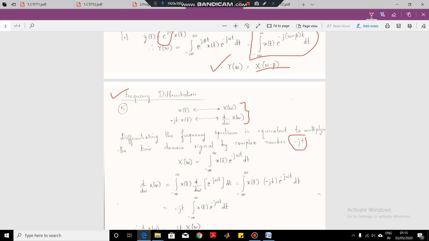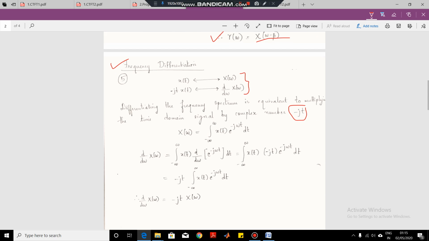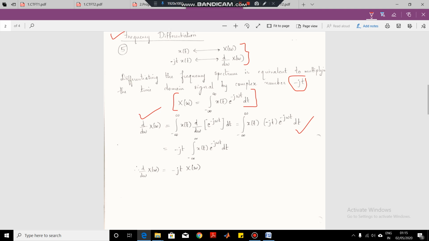So let us first prove this property. For the proof, let us start with the RHS. Let us take the derivative of the Fourier transform. This is our normal Fourier transform equation which we have seen in the first session. Now if you take the derivative with respect to omega, the derivative of e raised to minus ax is e raised to minus ax into minus a. So substituting this derivative here, and noting this as a constant term, we can take minus j t outside the integration.